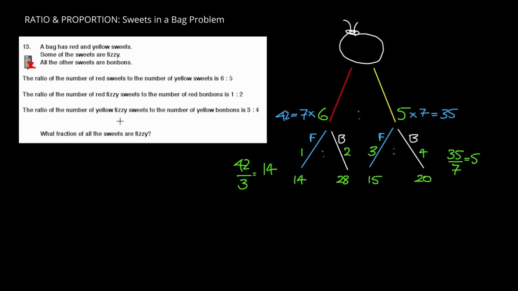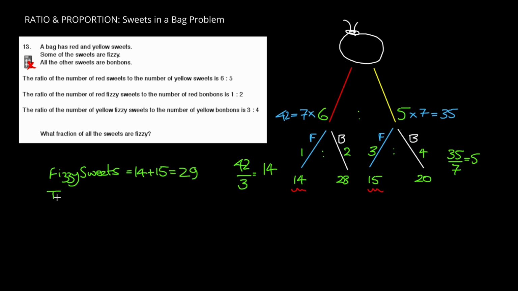So we've now just got to work out what the fraction of fizzy sweets are. Well, fizzy sweets are here, 14 of them, and 15 of them there. So fizzy sweets are equal to 14 plus 15, which is equal to 29.